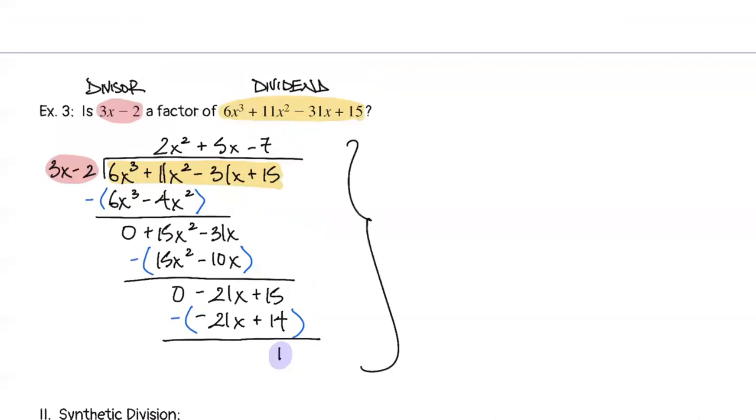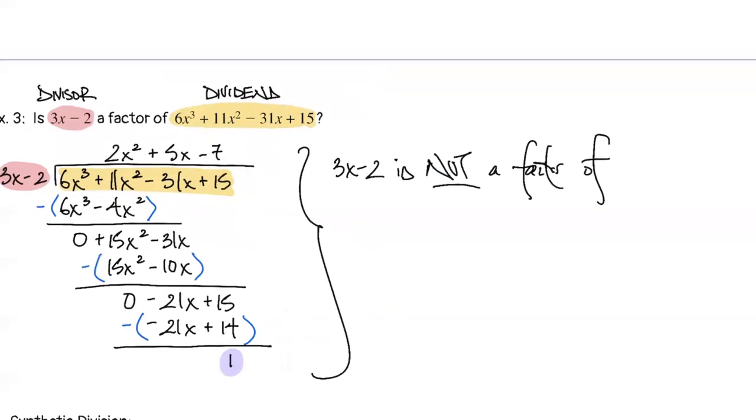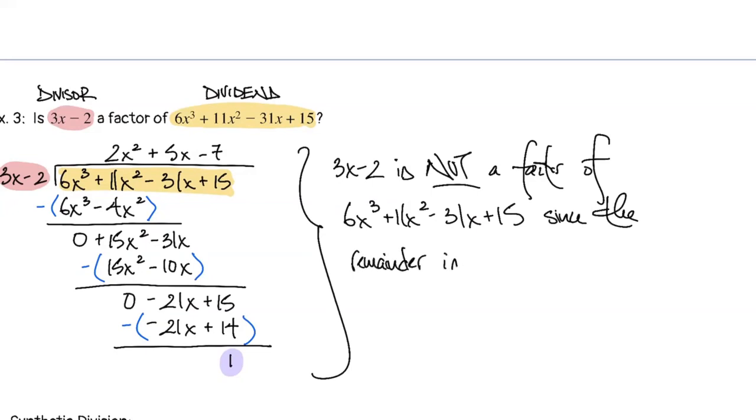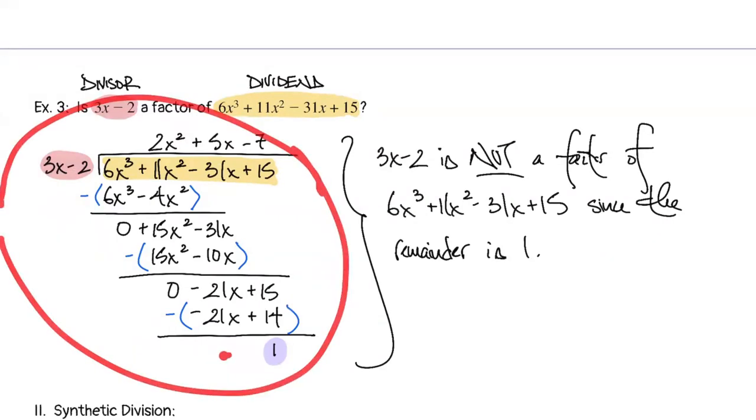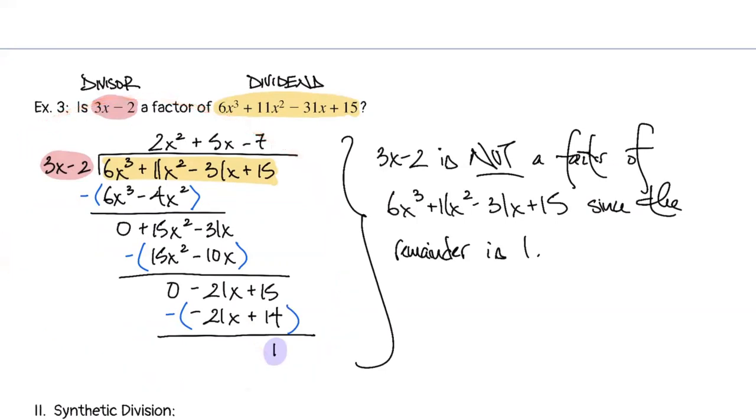So let's write that out. 3x minus 2 is not a factor of 6x cubed plus 11x squared minus 31x plus 15, since the remainder is 1. All right. So 3x minus 2 is not a factor, and the way we knew that is we used long division to see if there was a remainder or not.